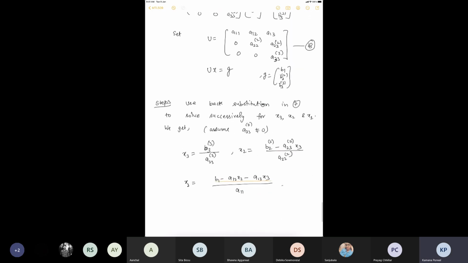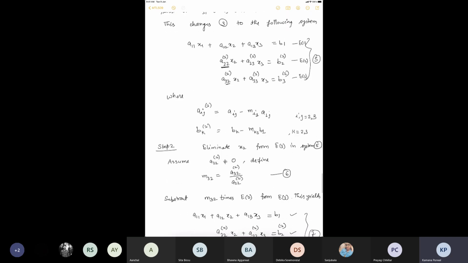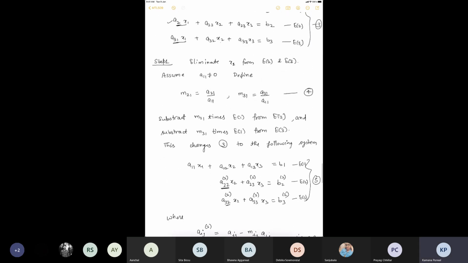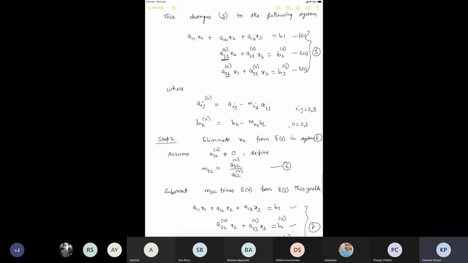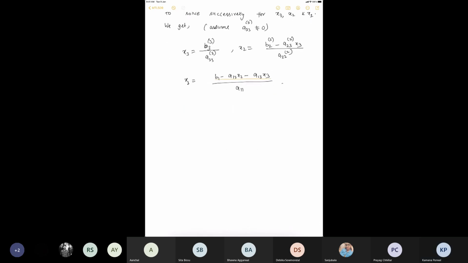Now, there's one more observation we can make here, that we have been finding these multipliers here, right? M21, M31, and M32. So if I form a matrix using these multipliers, I'm keeping the diagonal of this matrix to be 1.